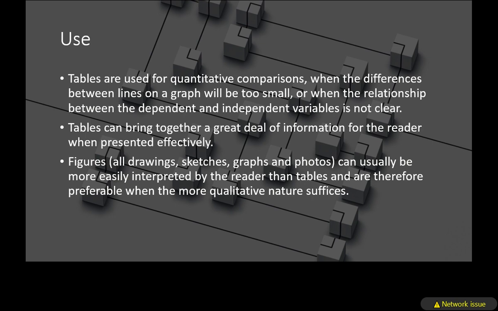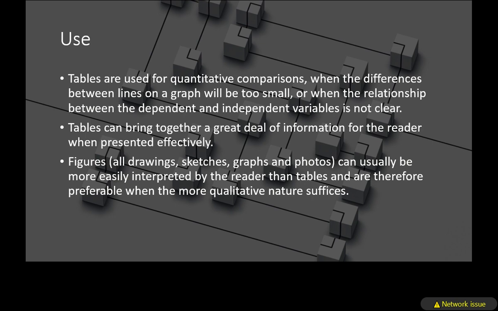Now you can see here they are using the words dependent and independent variable. Dependent means what? I am depending upon something, right? Independent means what? I am free. Everybody is dependent here, depending upon something. But variables are considered dependent and independent.